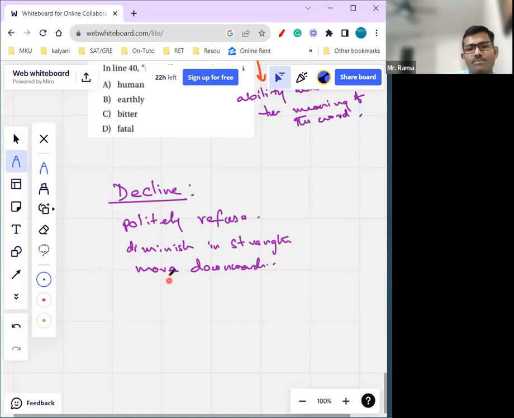So how do you take care of this question? How do you attack those types of questions? This is how you need to take care of this. First, reread the sentence with the word that is used.